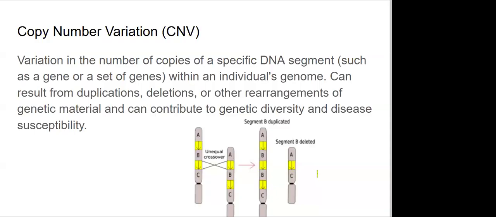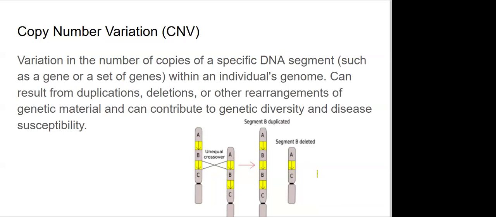So you can insert or delete a small section, or you can insert or delete a larger section. And when we have a full gene or a set of genes that there's an extra copy or a missing copy of, we just call that copy number variation. So just in reference to the genes instead of smaller pieces of the genes like in the indels.